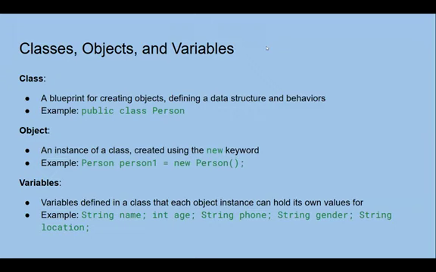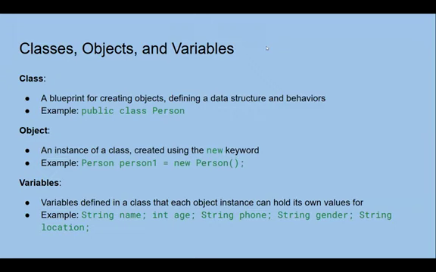An object is an instance of a class, and it is created using the keyword new. For example, we can create an object of the Person class with person1 equals new Person. So in this case, the object that I created was Person. Objects are used to represent and manipulate data within a program, allowing us to interact through code with actual real-world situations.